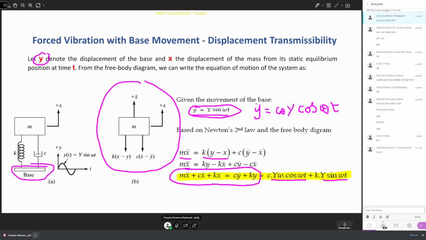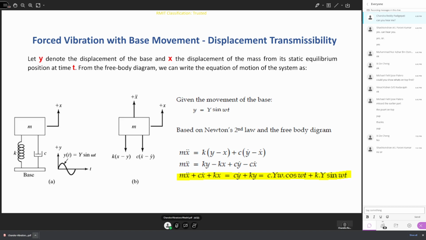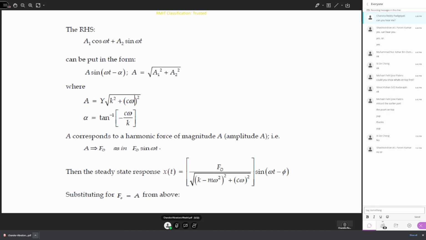So you can write this as A1 cos omega t plus A2 sin omega t. That is what is shown here.